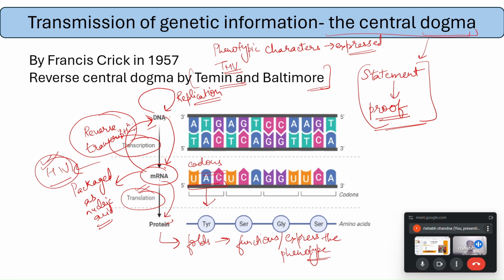Okay, and this particular process is called reverse central dogma or Teminism. Okay, so this was the concept of the central dogma that shows how the information is transmitted from DNA to RNA and then from RNA to proteins.